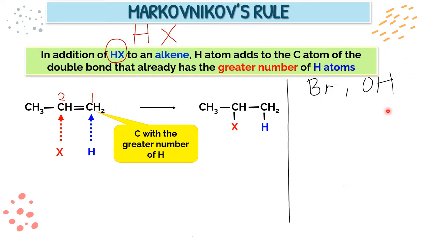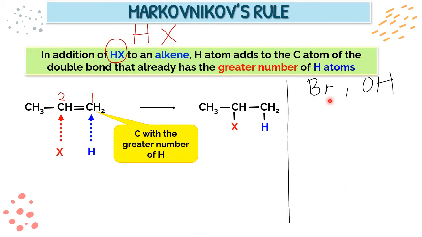Bromine and hydroxyl group, we will determine based on the priority of the functional group. These two are functional groups. The higher the priority, we will not choose for carbon 1. In other words, if it has lower priority, it will go to carbon 1, the carbon with more hydrogens.